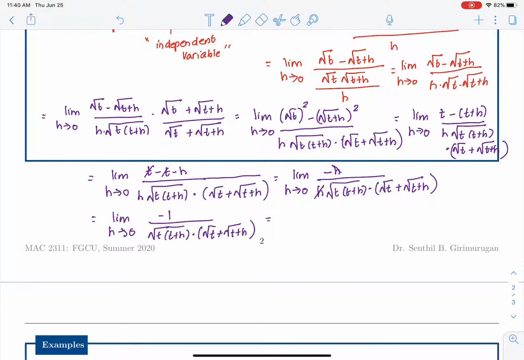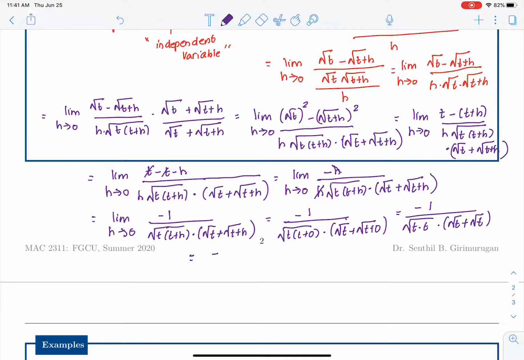When I apply the limit, I have negative 1 over square root of t times t plus 0 times square root of t plus square root of t plus 0, which is negative 1 divided by square root of t times t multiplied by square root of t plus square root of t.